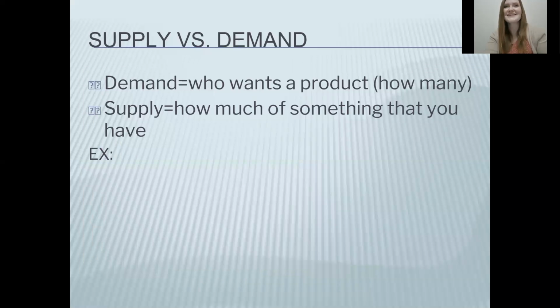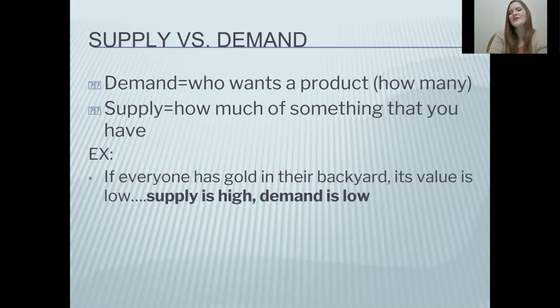In our example, we're going to compare two very different things. If everyone has gold in their backyard, the value isn't going to be very high because the supply is really high and the demand is low. If you can walk out in your backyard and just go grab it, why would you want mine?